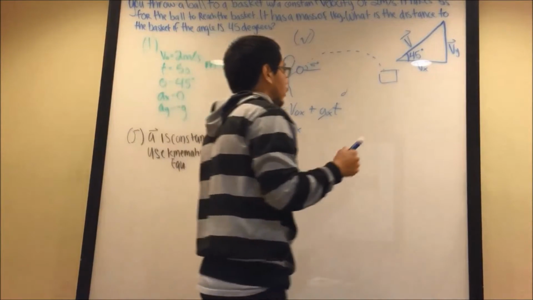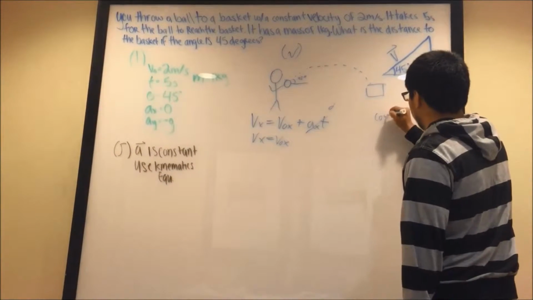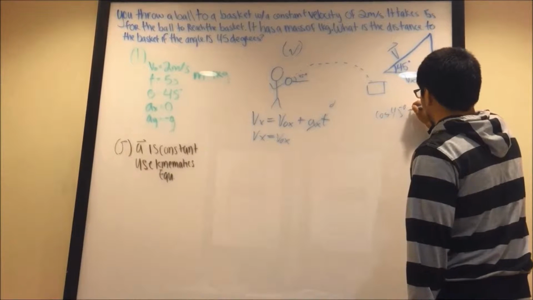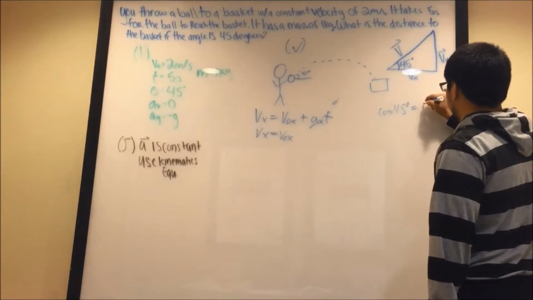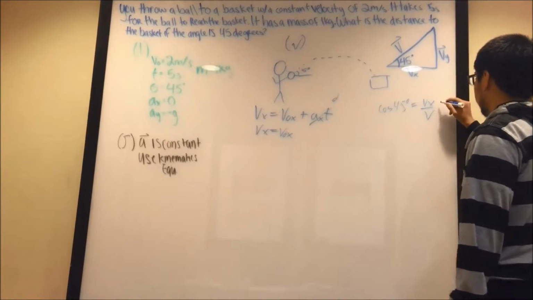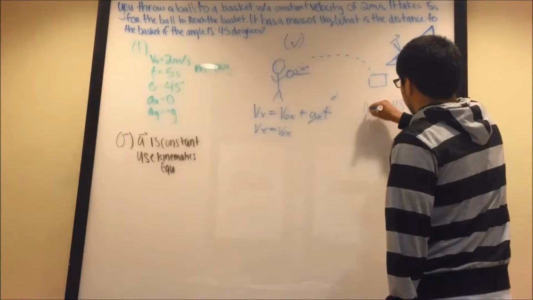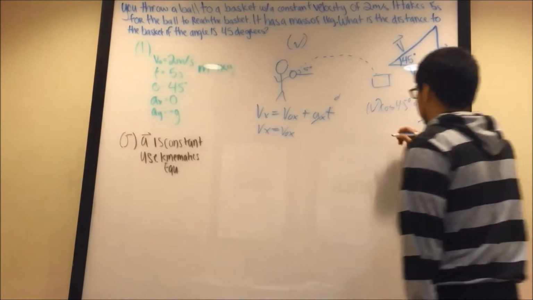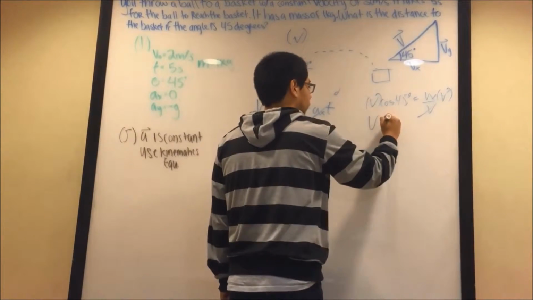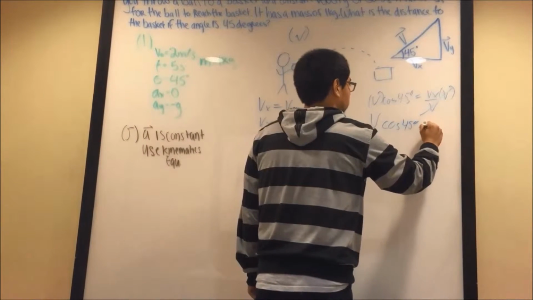So then you come back to your triangle and you have cosine of 45 degrees is equal to v of x over v. So then you're trying to find your v of x, so you multiply by the velocity. So then that cancels out. So then you have velocity times cosine 45 degrees.